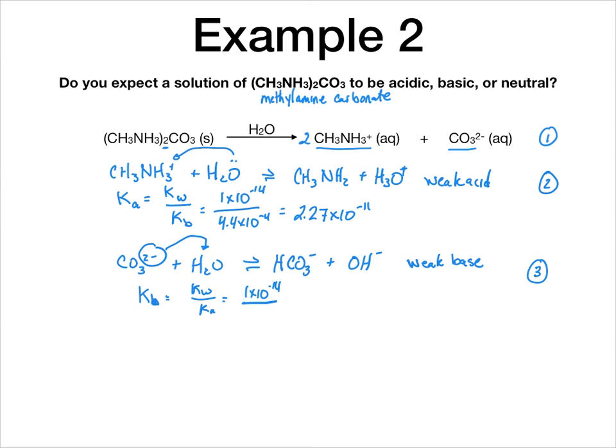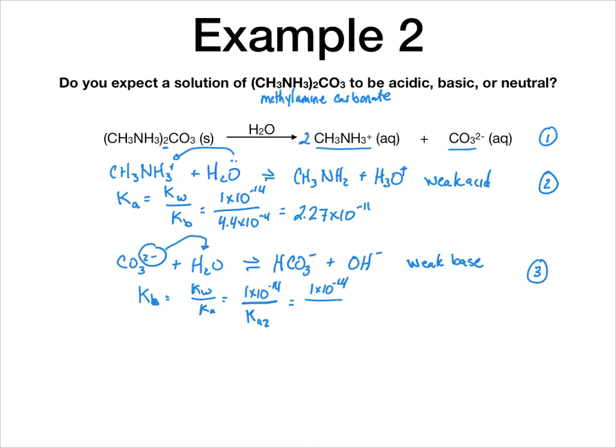now the Ka, I need to use Ka2 because carbonate is a diprotic species. So I need to make sure that I am using the correct Ka value.